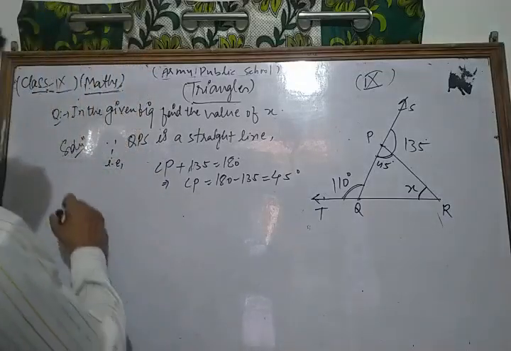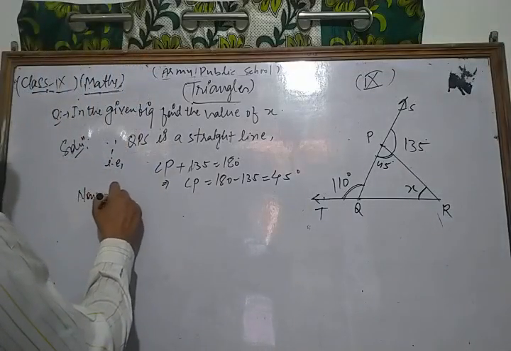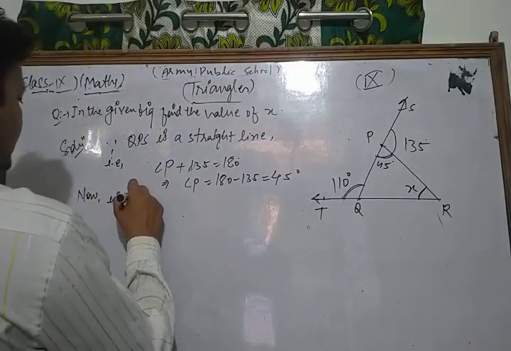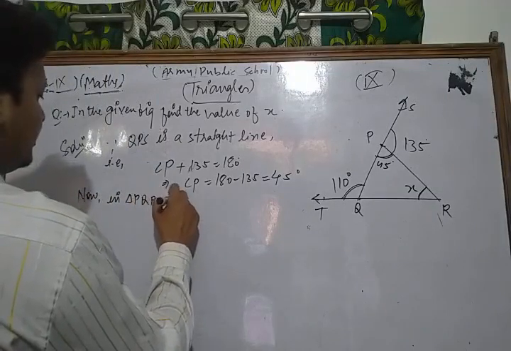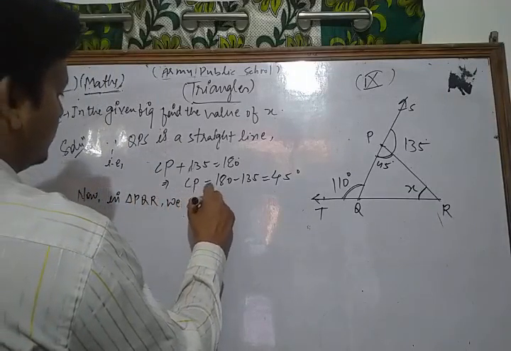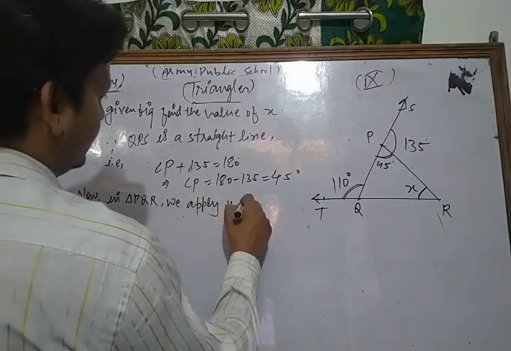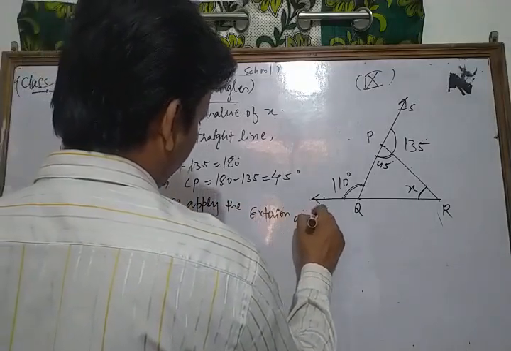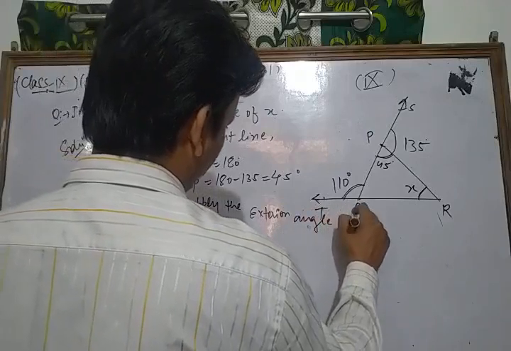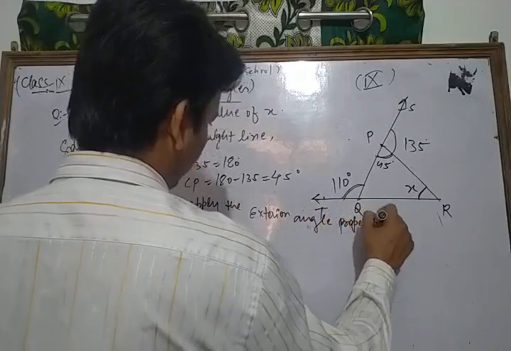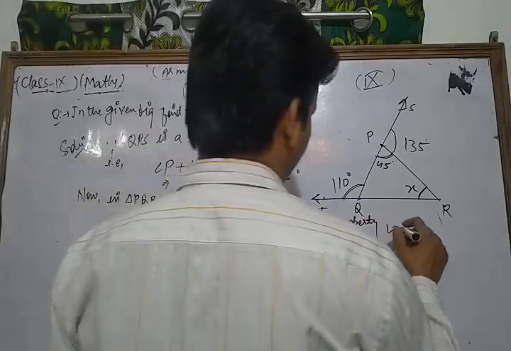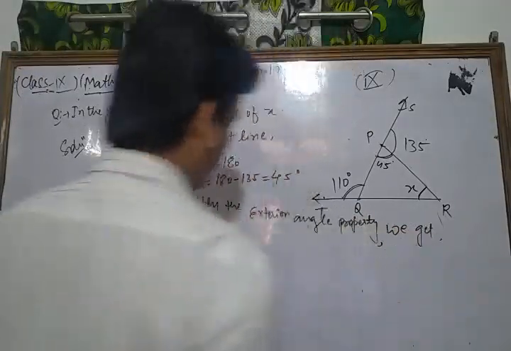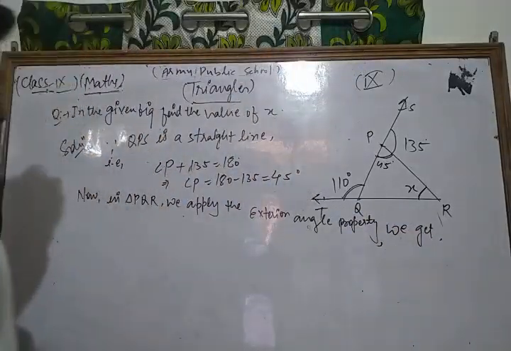Now in triangle PQR we apply the exterior angle property. What do we get? Let's see.